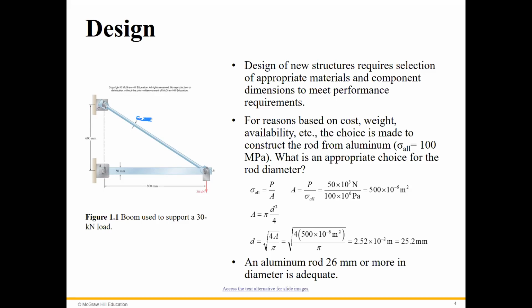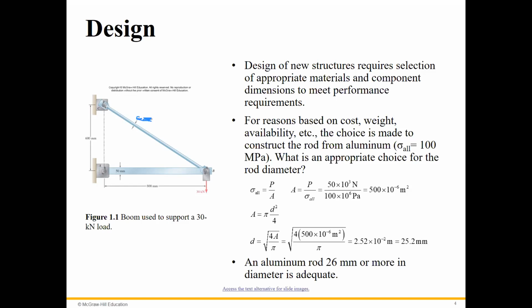If the application is maybe steel or concrete or aluminum, it depends, right? Based on the application, sigma allowable is given, right? The sigma allowable is different from material to material, right? So that could be a design problem, right?